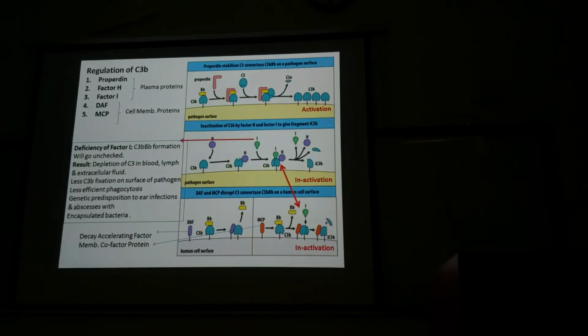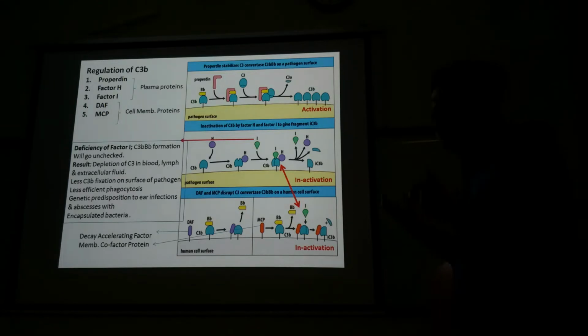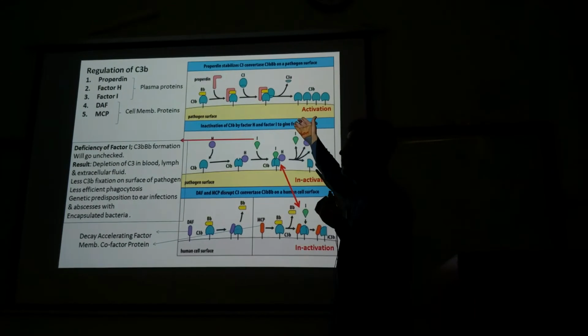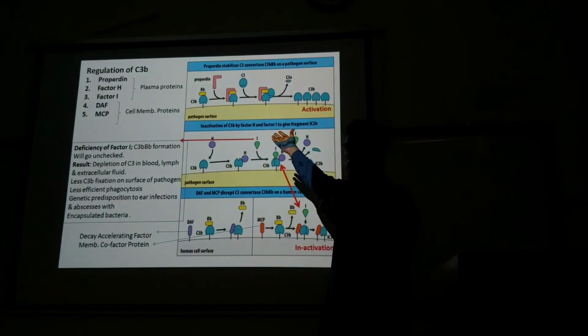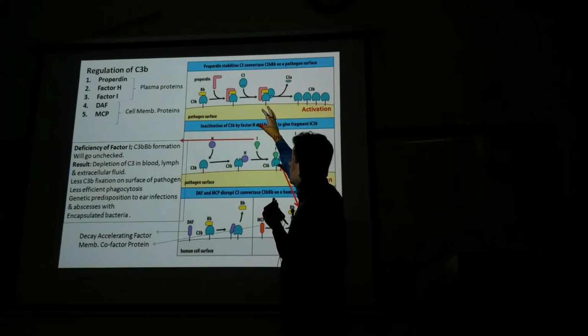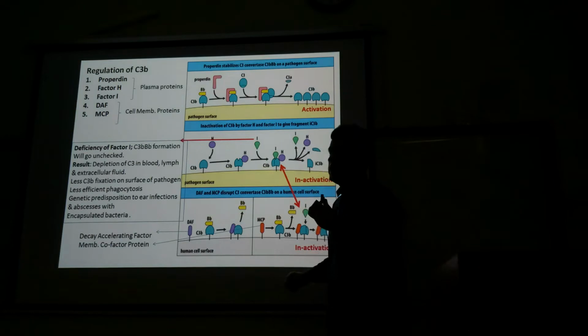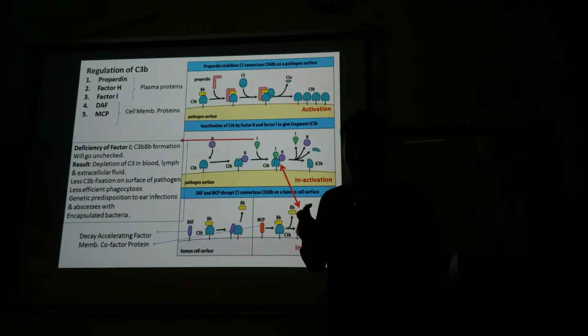Other proteolytic enzymes can just come here and cleave this structure so that this convertase may no longer be functional in order to cleave more C3 molecules and make more convertases. So properdin provides stability to this structure, the C3bBb convertase.